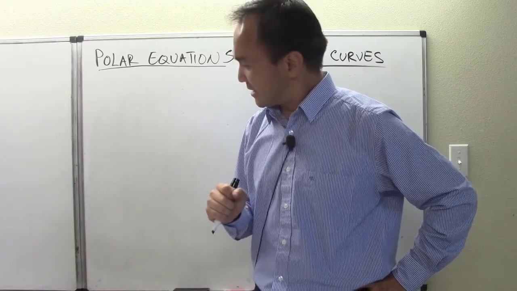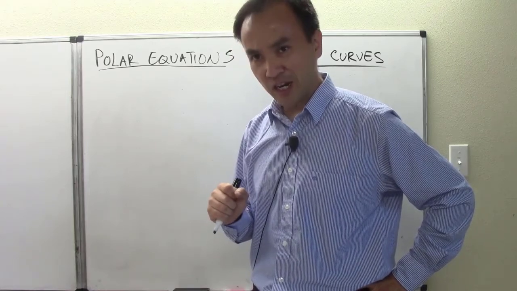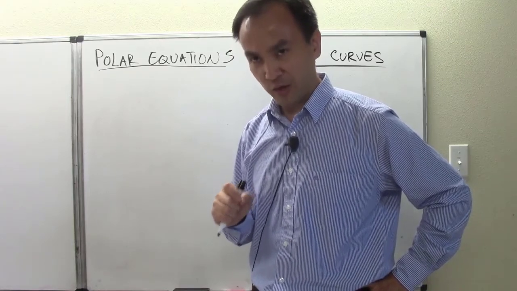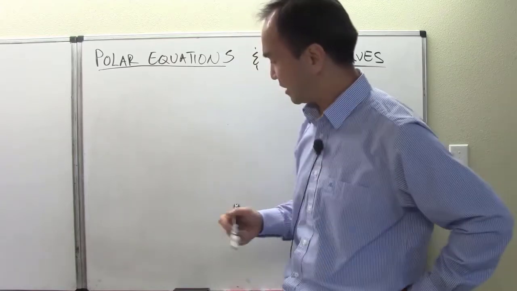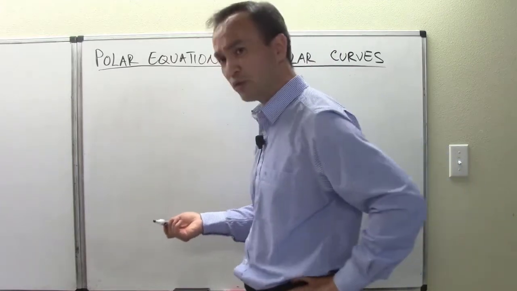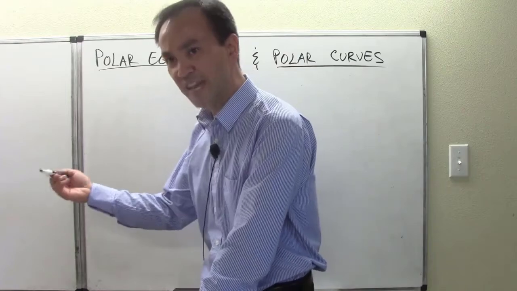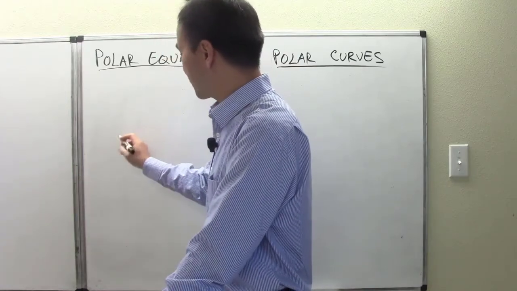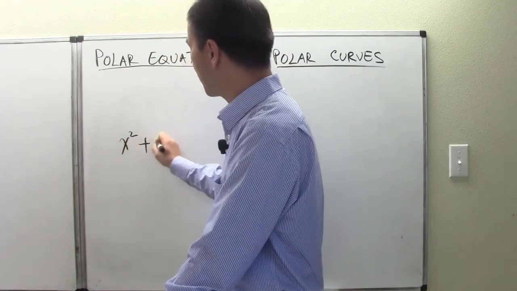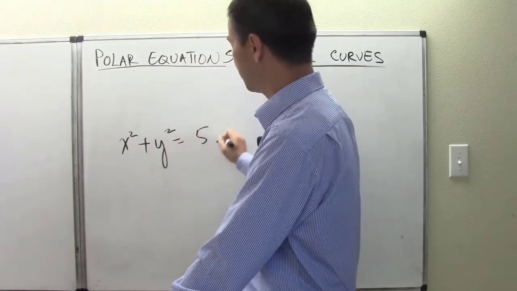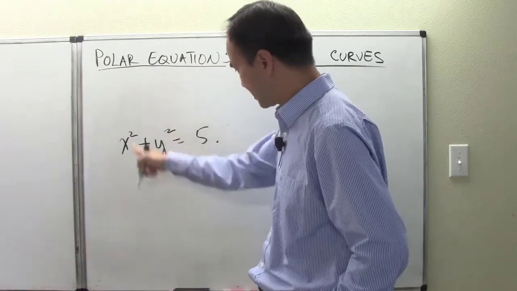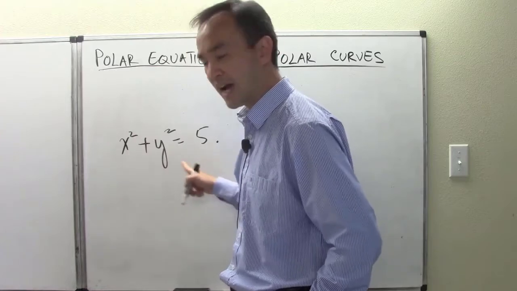all about. So in your learning up to this point in math, an equation that you used to know relating the two variables x and y, like say this one here, x squared plus y squared equals 5, is an equation in terms of two variables x and y.